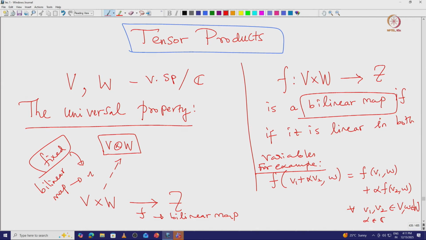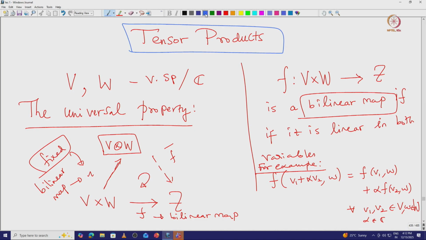Now given this bilinear map F, we want some extension of F as a linear map from V tensor W. So, we want to enlarge the given V and W and produce a very big vector space V tensor W, and think of bilinear maps as linear maps from this bigger vector space V tensor W to Z. Given this F, we want an extension F bar such that this diagram commutes.